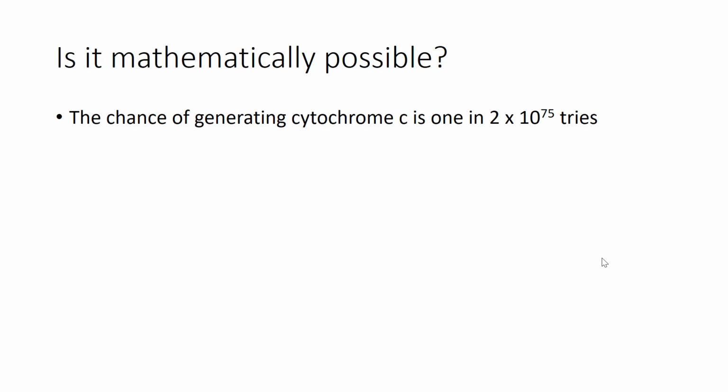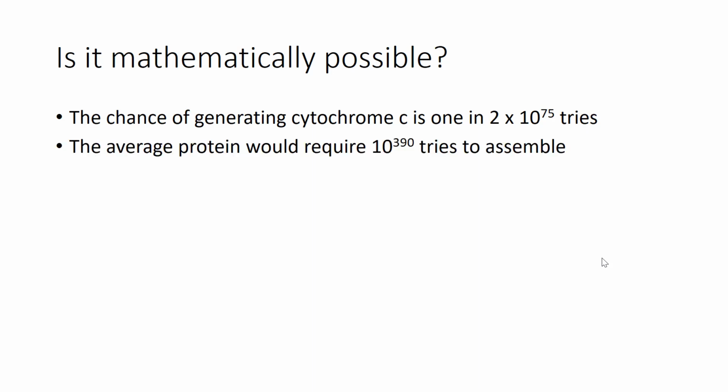And so an astronomically small probability of generating cytochrome C, which is about 100 amino acids, through random mutations, random assortment of amino acids. Now, the average protein is much larger than cytochrome C, and so what we find is that the average protein would require 10 to the 390th power tries to assemble.